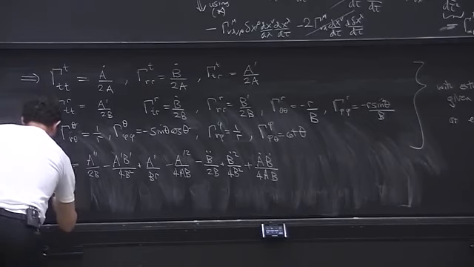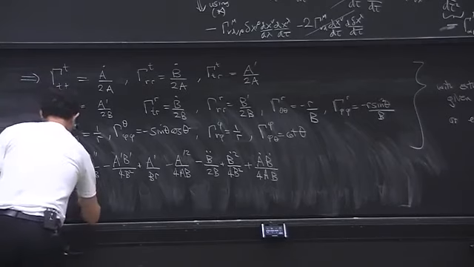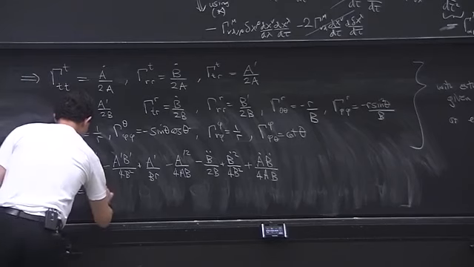Then we have R tr. This one's easier. It's just b dot over b r.